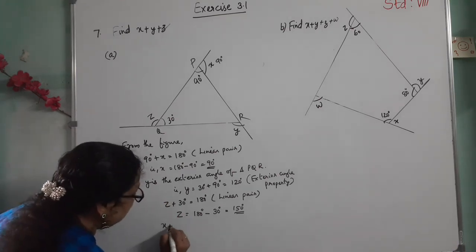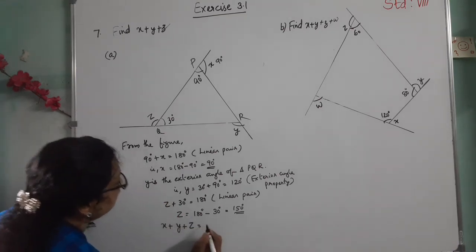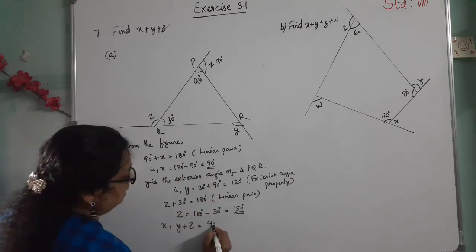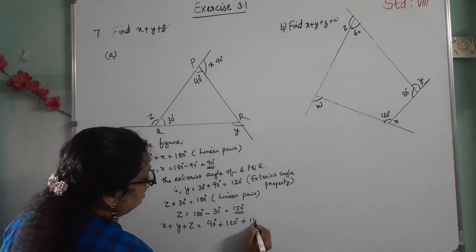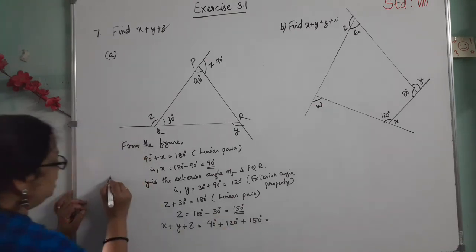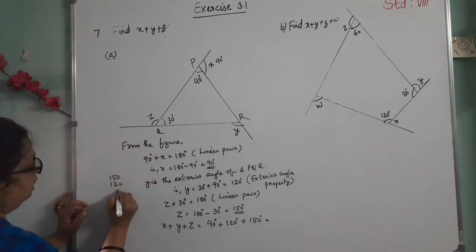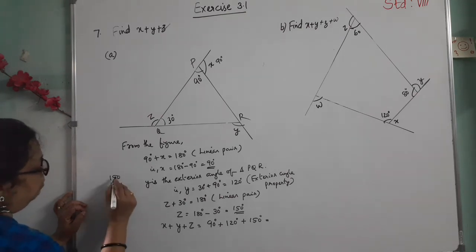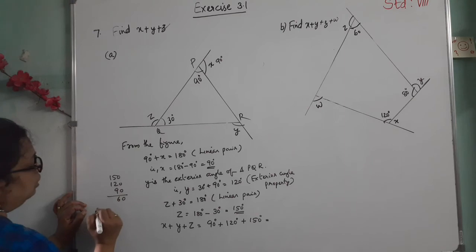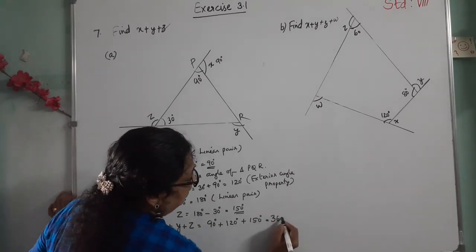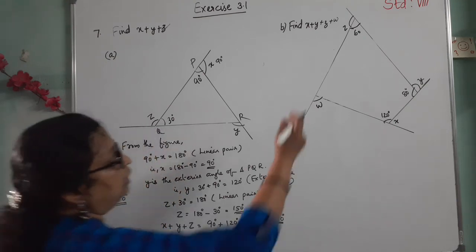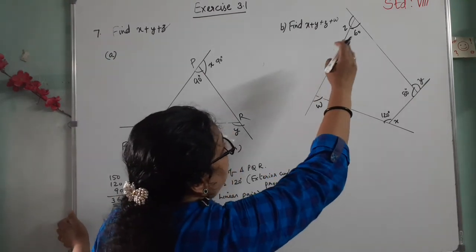So x plus y plus z equals x is 90 degrees, then y is 120 degrees, plus z is 150 degrees. That is 150, 120 and 90, which gives 360 degrees.